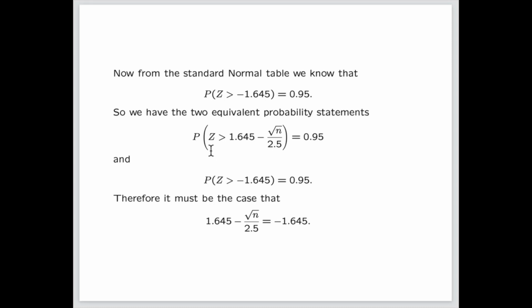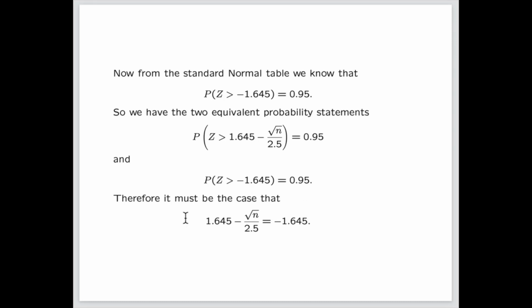They both involve z being greater than something, and both probabilities are equal to 0.95. And so what that implies is that these somethings must be equal. In other words, 1.645 minus the square root of n over 2.5 must be equal to negative 1.645.